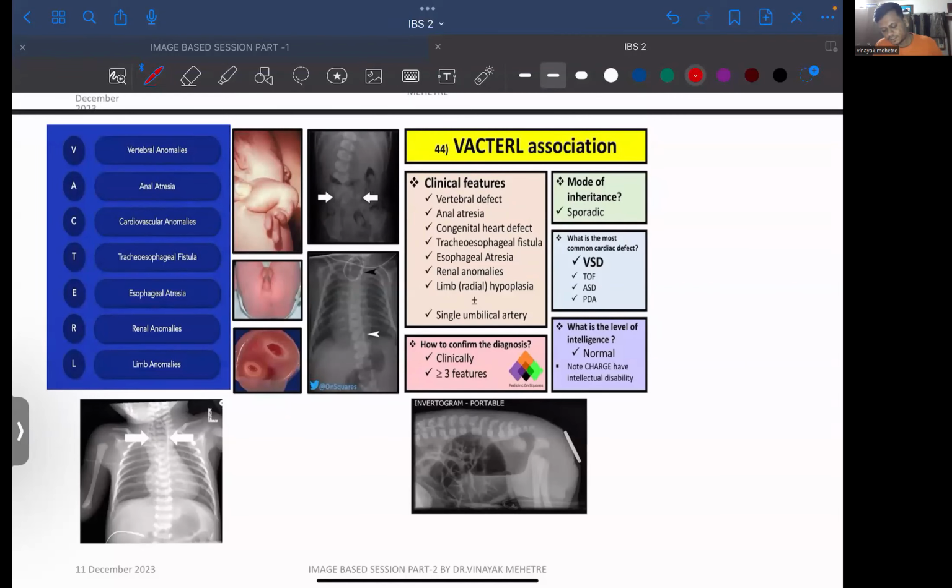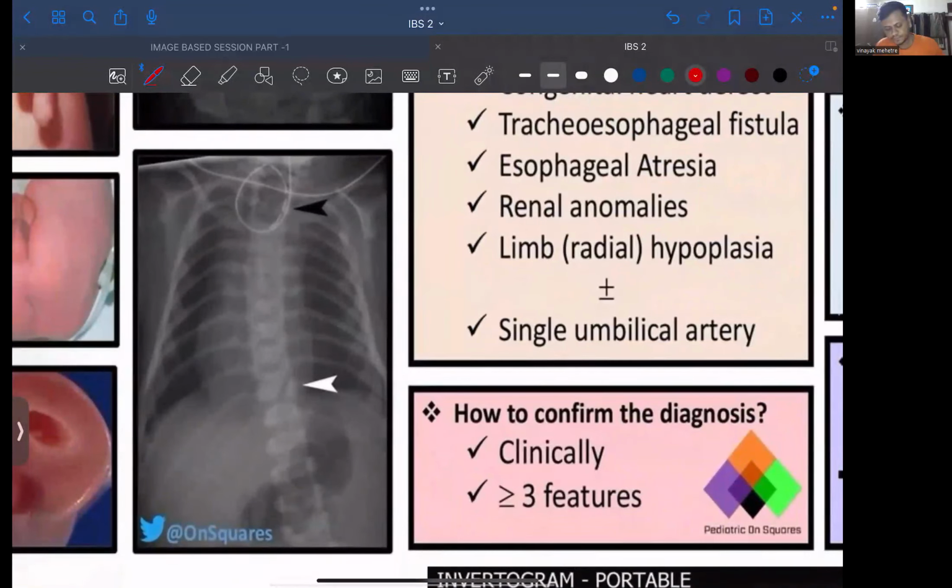So first you got this patient. What do you see in this X-ray? What is this X-ray? Try to answer.